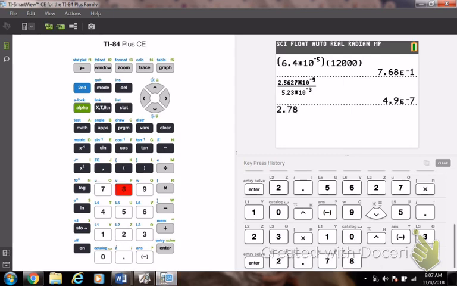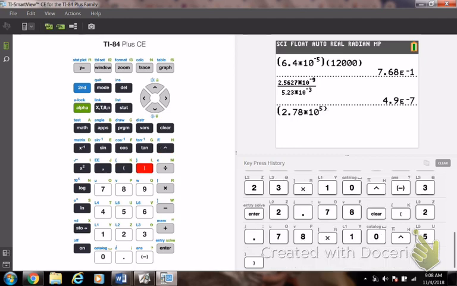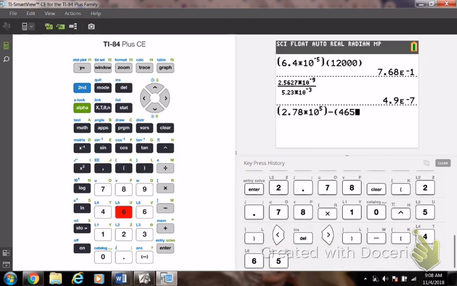So this second example, we have 2.78, oops, forgot my parentheses. 2.78 times 10 to the 5th. Minus, should use minus, not negative, 46,500.